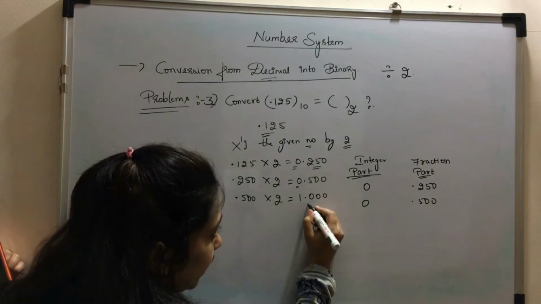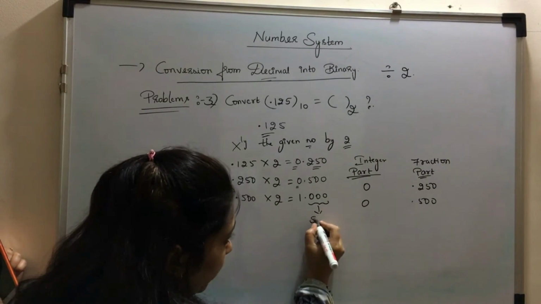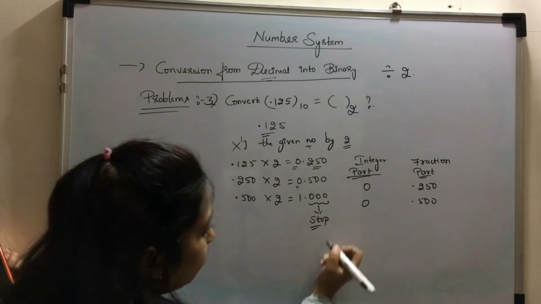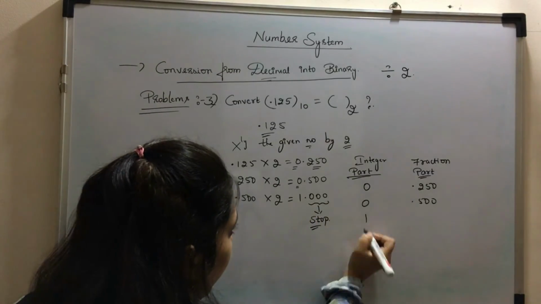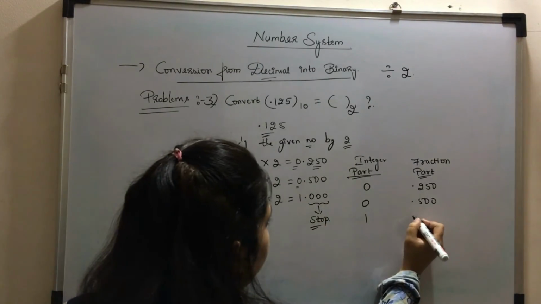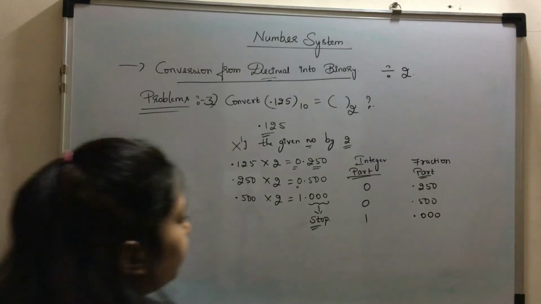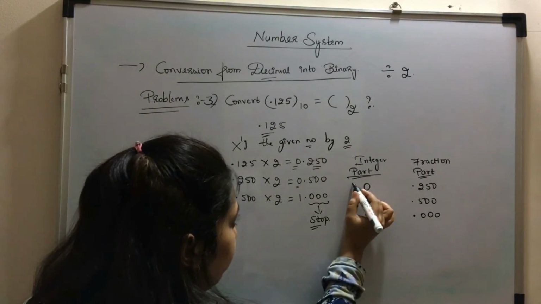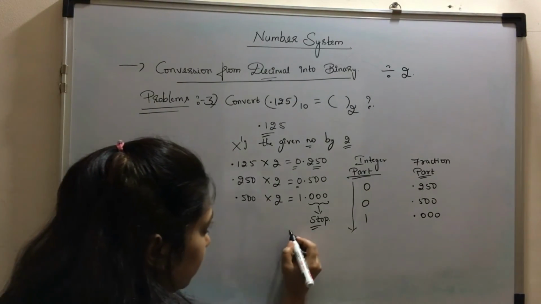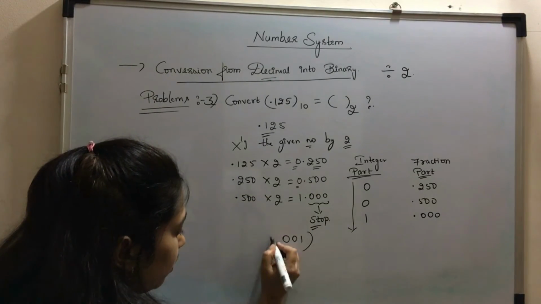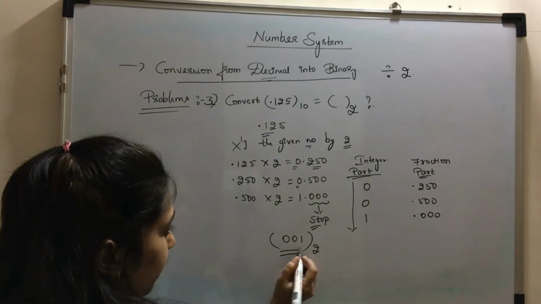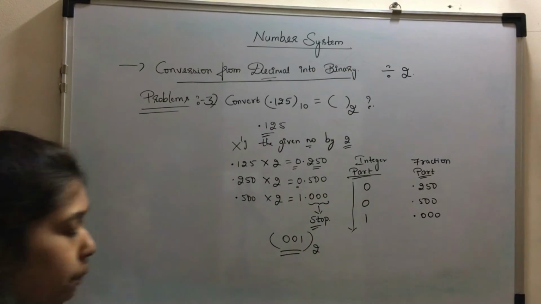So here we are getting fraction part as 0. Now we have to stop. Here the integer part is 1 and the fraction part is 0.000. In this case we have to write from top to bottom, that is 001 base 2 is the binary equivalent of the given decimal number.